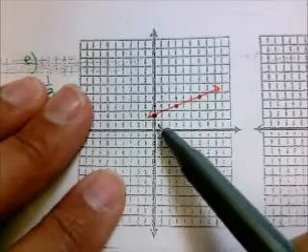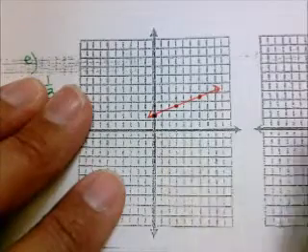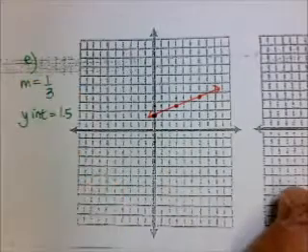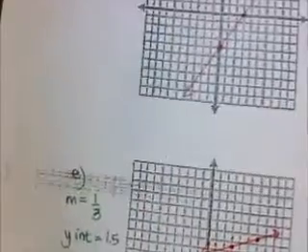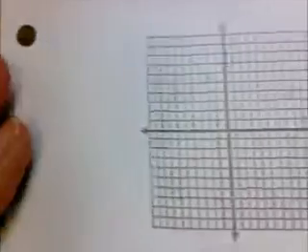Now what you could have done also is you could have made each of these worth a half if you wanted to. So if I wanted to do it that way, might make it a little easier. So I'll do that one here. That might make it a little bit easier for you.